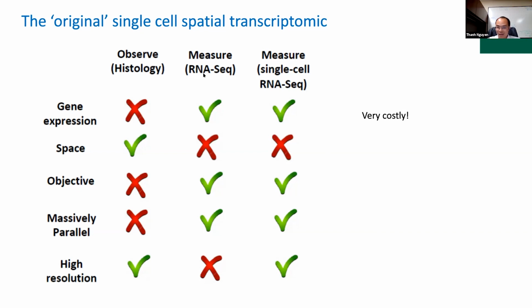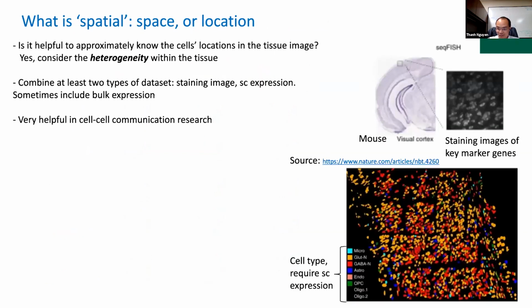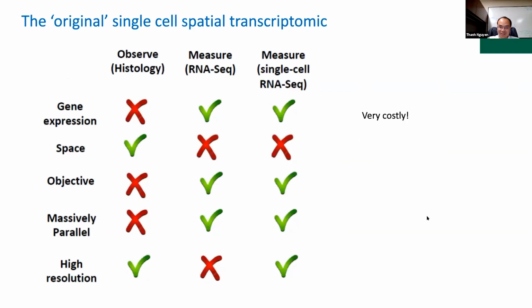Sometimes people can add bulk RNA-seq from the same tissue. What it means is that they can further dissect the tissue into small regions, take those regions out and do sequencing in the bulk way. That will further increase the quality. Why do they do so? We'll see that later. But you can imagine that is a costly operation.